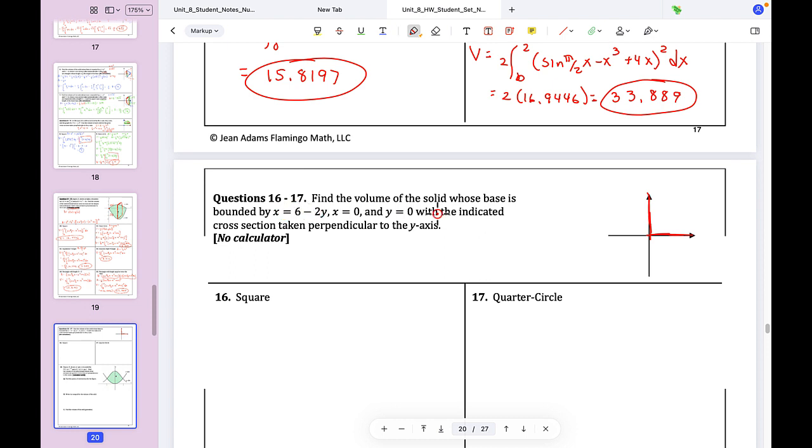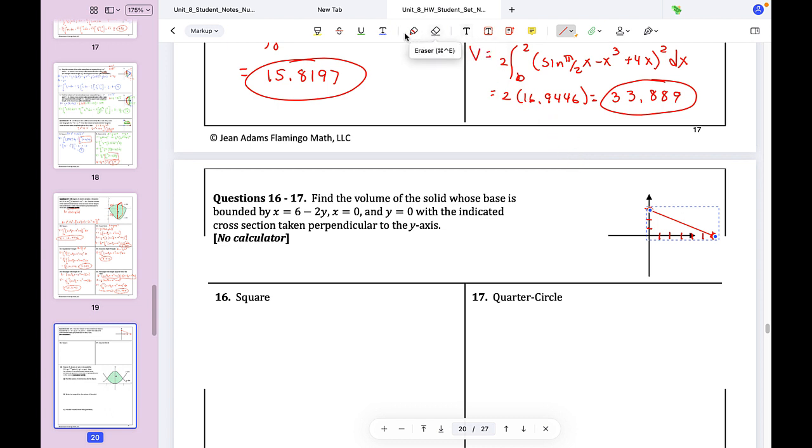So x is going to cross the x-axis at 6. Okay, 1, 2, 3, 4, 5, 6. And it's going to cross the y-axis at 3. 1, 2, 3. Okay, just kind of draw that in there.